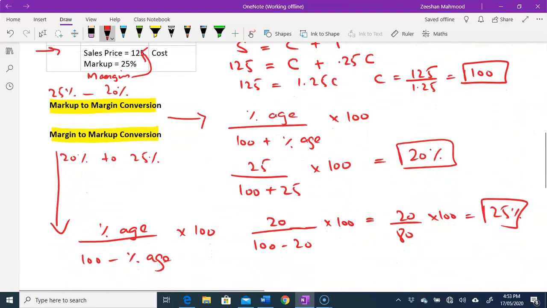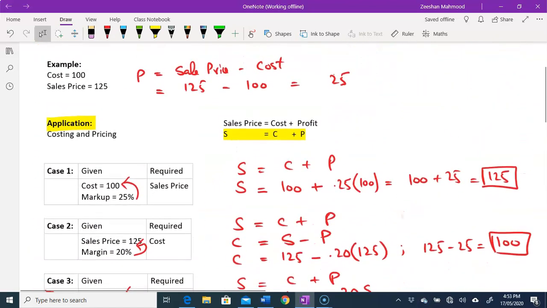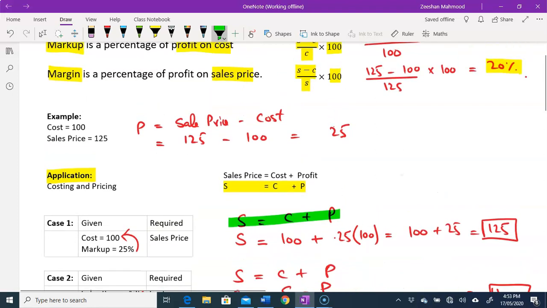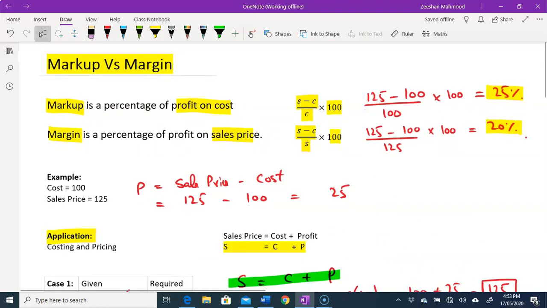So this is another way to solve this problem. But over a period of time, my students and I found that putting everything into this equation and then applying the concept in a logical manner solves all the problems. So I hope from now onwards you are much clearer about the concept of markup and margin.